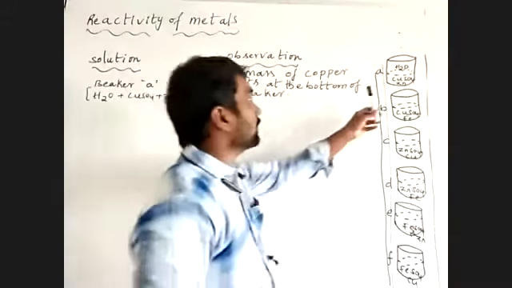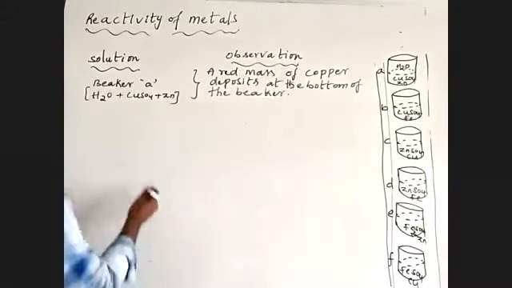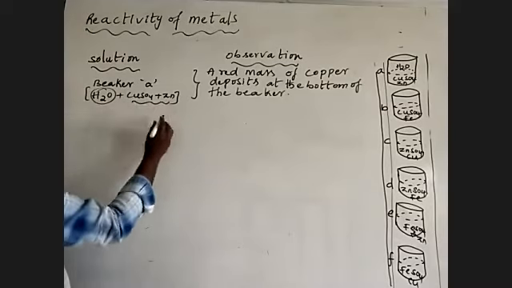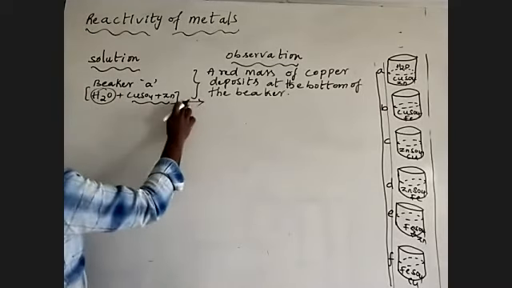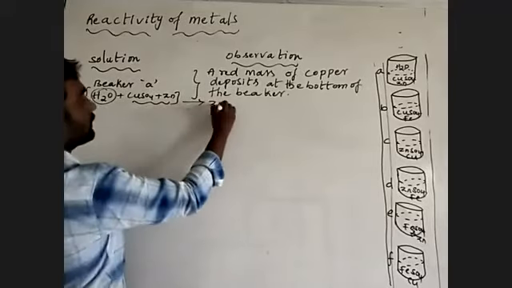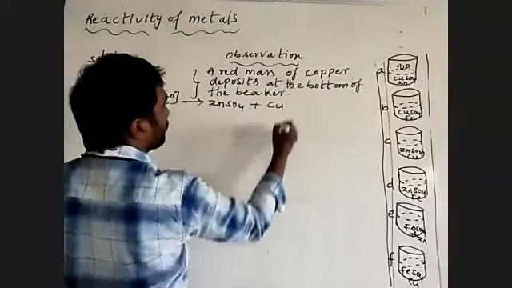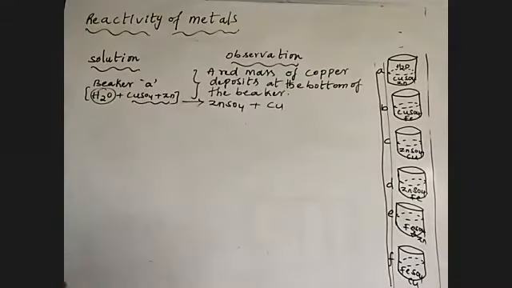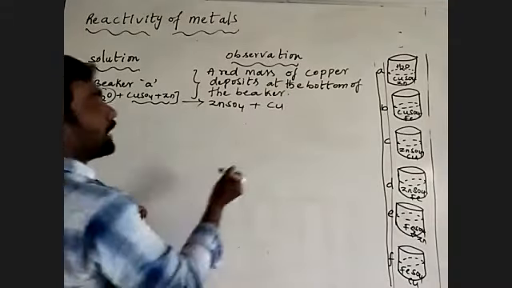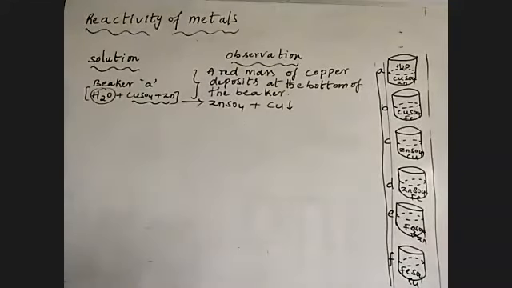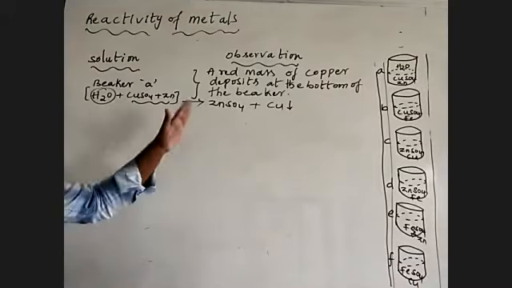What happened? Water is the common thing in these solutions. Zinc reacts with copper sulfate, forms zinc sulfate and releases copper. It appears in precipitation notation: if the arrow mark shows downwards, it makes a precipitate, a solid substance formed after the reaction.